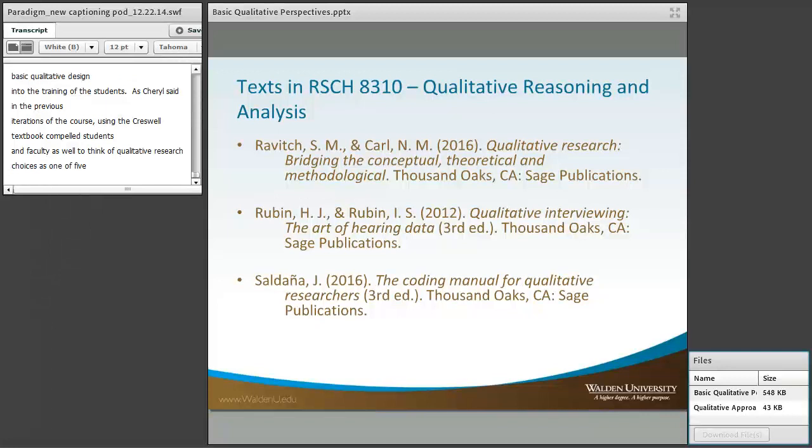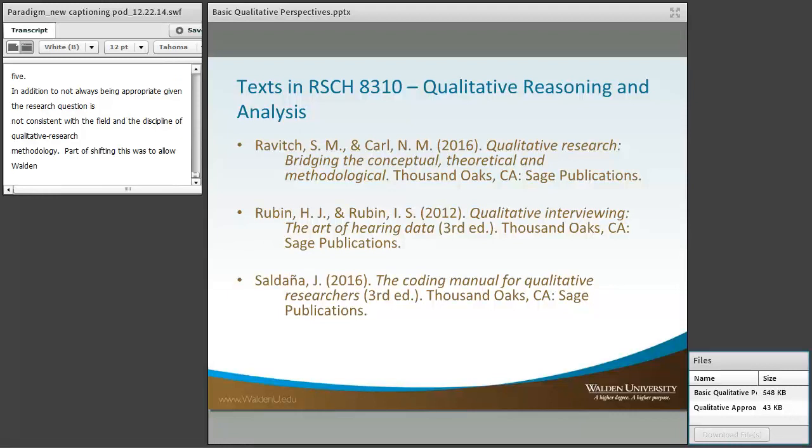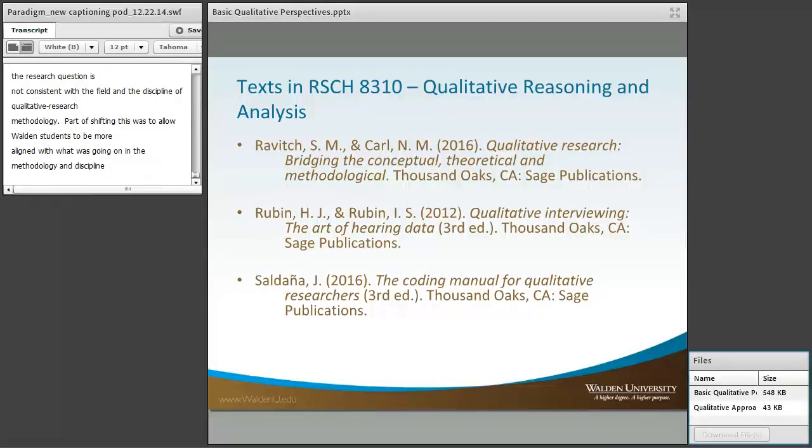In addition to not always being appropriate given the research question, that is not consistent with the field and the discipline of qualitative research methodology. So part of the impetus for shifting this was to allow Walden students to become more aligned with what was going on in the methodology and the discipline of qualitative research.